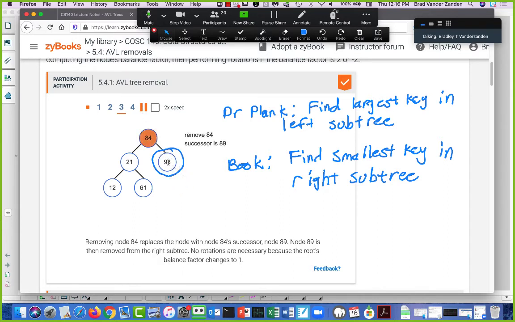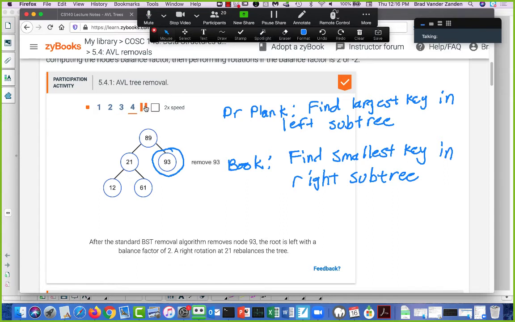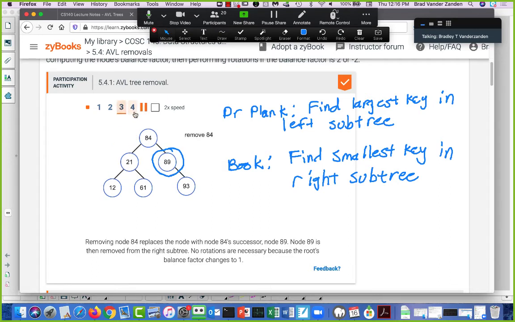So 93 came up, and 84 is replaced by 89. Okay, so now we check to see if the tree is balanced. Actually, that's not what I want, so I'm going to go back and redo it.